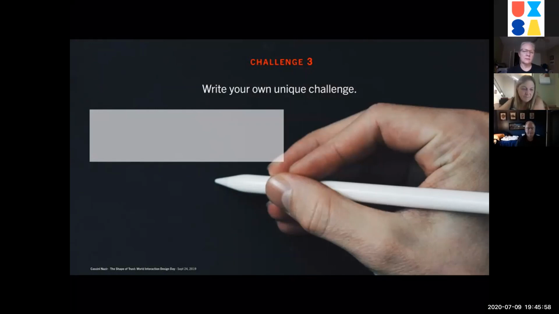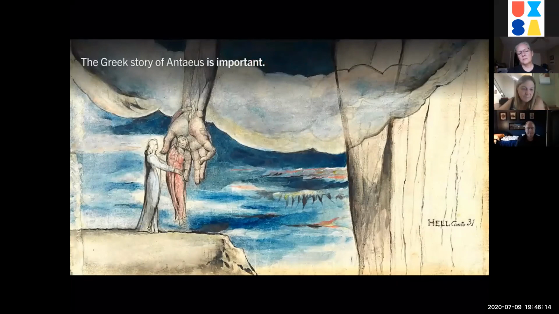We oftentimes just need to hear it and be in a community of others in order to move forward. But I suspect everyone in this room, virtual room, knows the things that they need to do in order to become a better designer. And so I would challenge you to write your own unique challenge to yourself. Let me just leave you with a very simple story. The story is of Antaeus, who was a very famous wrestler in Greece.